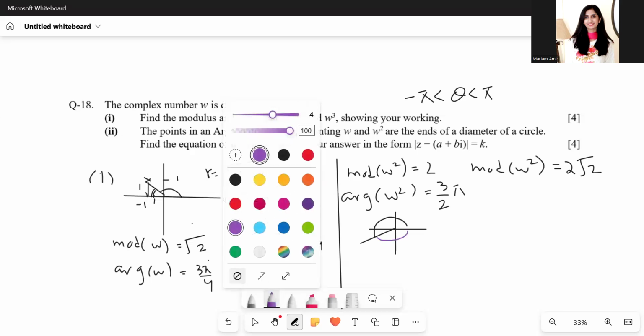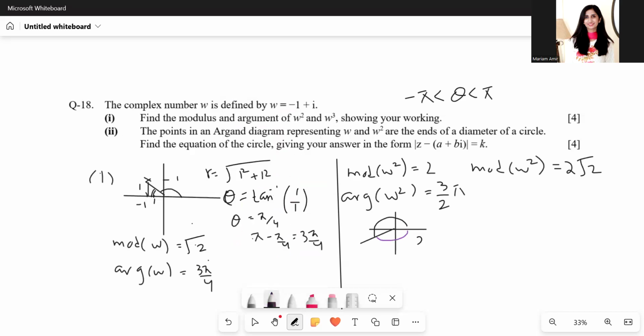So this would be 2 pi minus 3 by 2 pi, which is half pi, but with a negative sign. So now rewrite this as negative half pi. This is the argument, and this is the modulus.